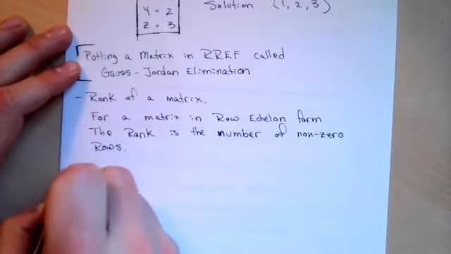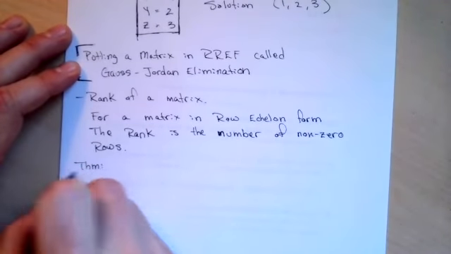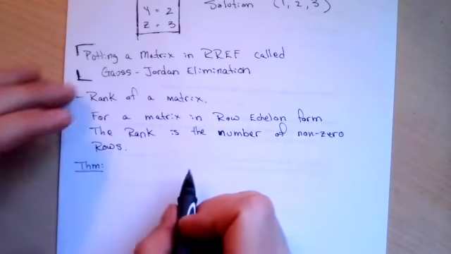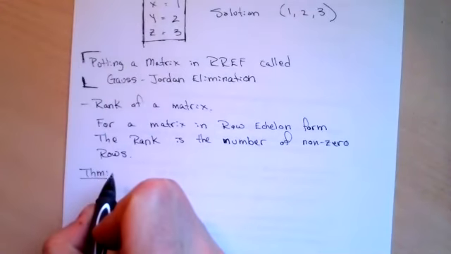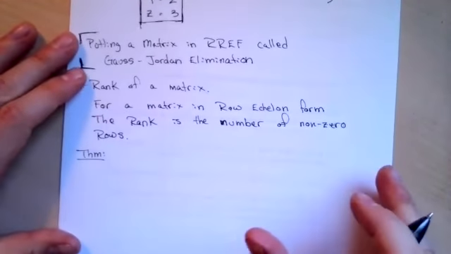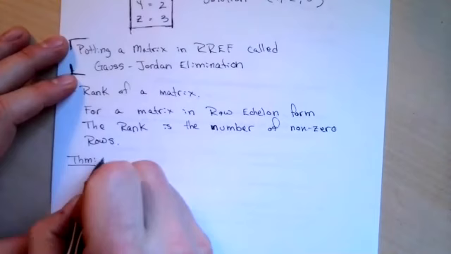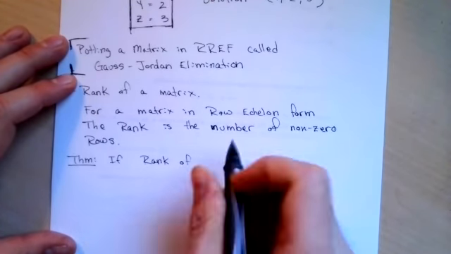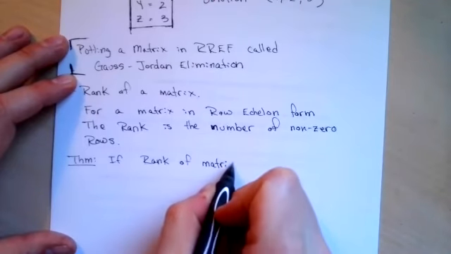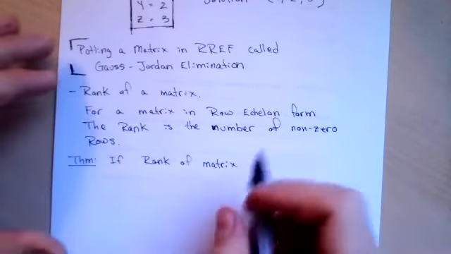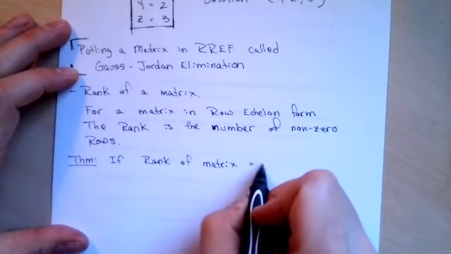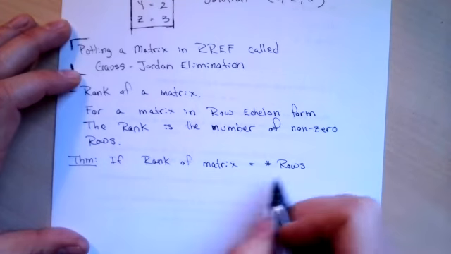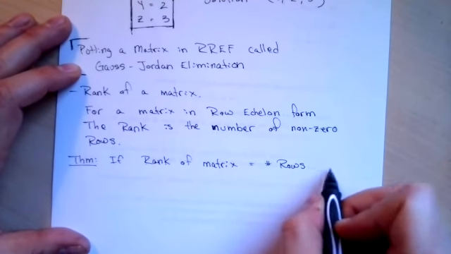And then we have a theorem about the number of solutions. Let me see, how do we want to state this? So if the rank of a matrix is equal to the number of rows, then there is 1 solution.